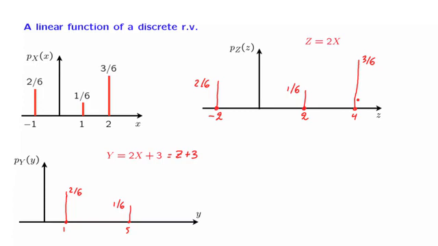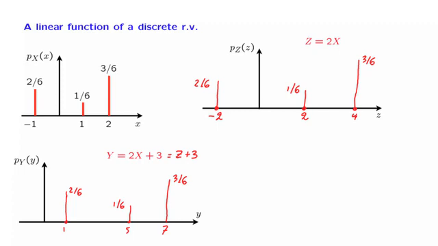And finally, with probability 3 over 6, Z takes a value of 4, so that Y takes a value of 7. What we see here is that the PMF of Y has exactly the same shape as the PMF of Z, except that it is shifted to the right by 3.